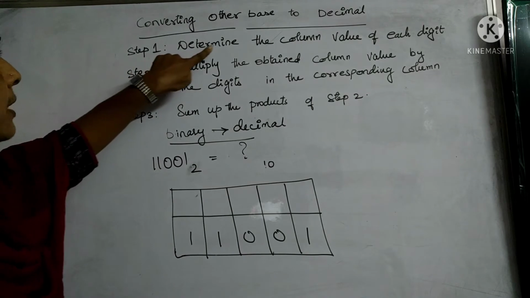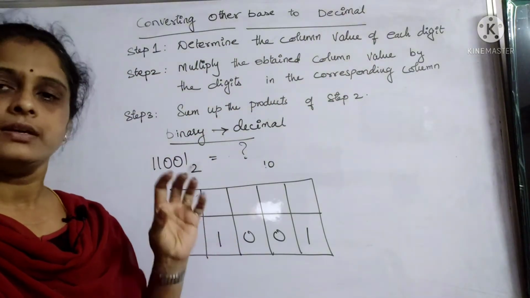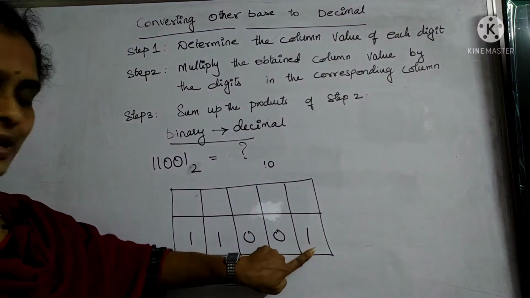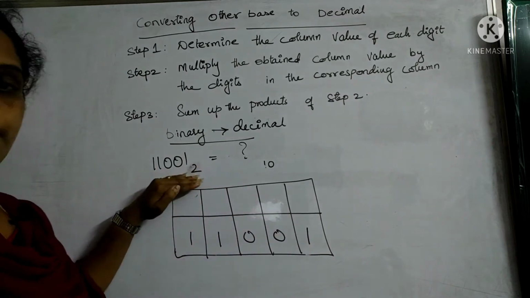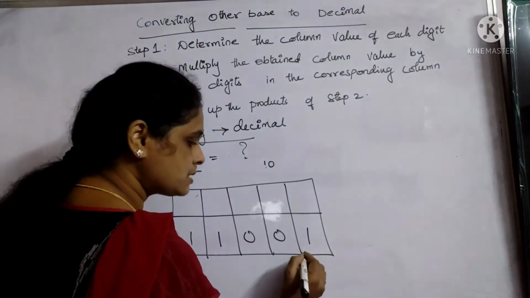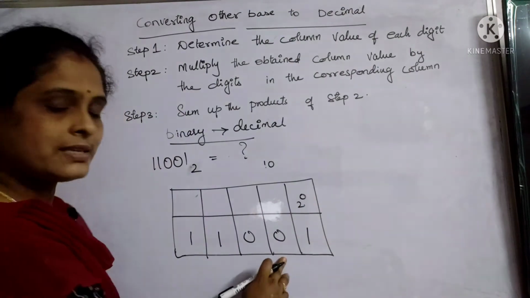Now, what is step 1? Determine the column value of each digit. Now, this is in the ones place. In which number system is it? It is in base 2, that is, the binary number system. So its place starts at 0. So, 2 power 0. Its place is 1.